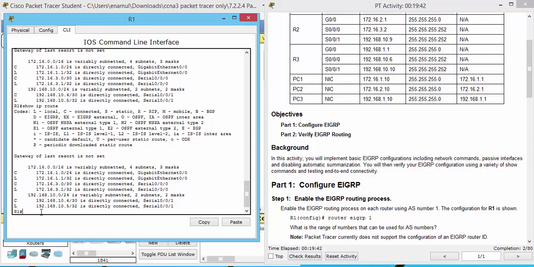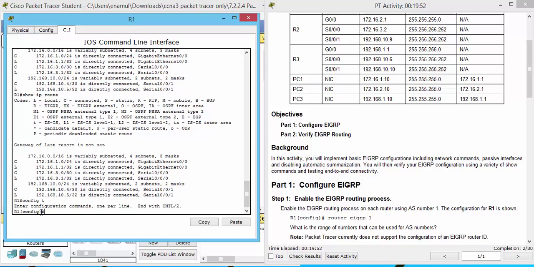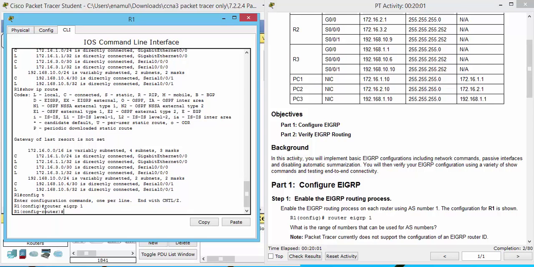We go to global configuration mode, type config t, then router eigrp 1, and we type network. The network is 172.16.1.0.